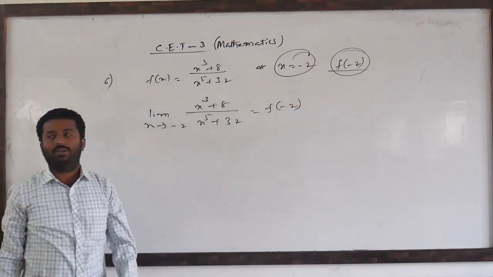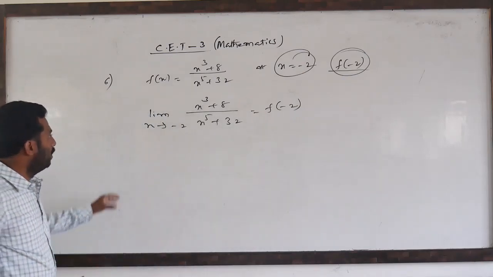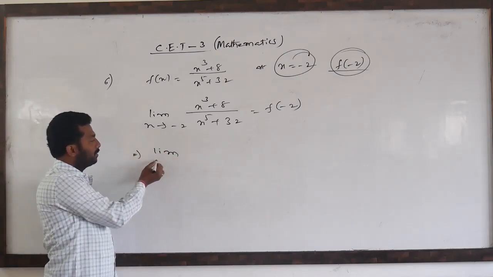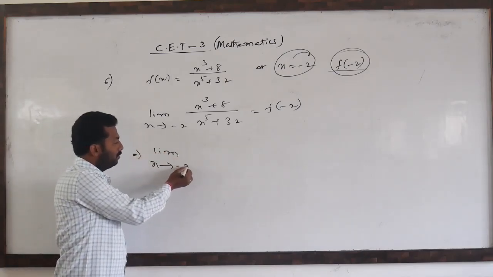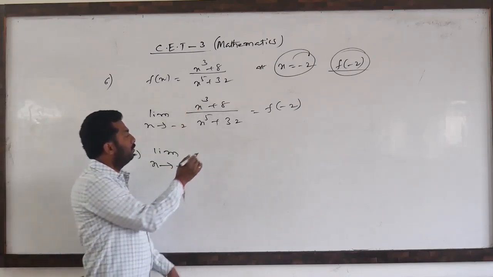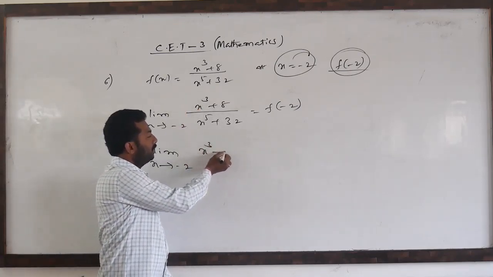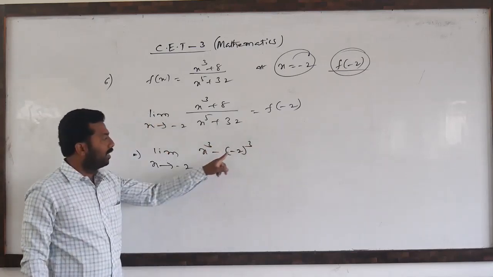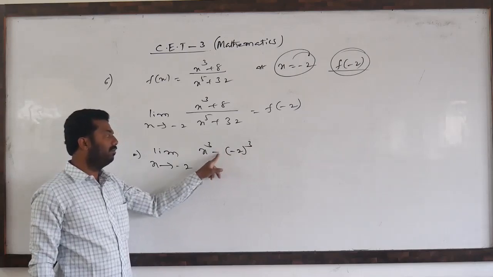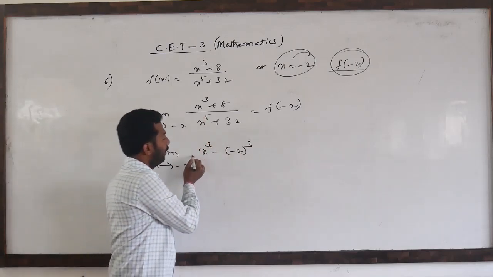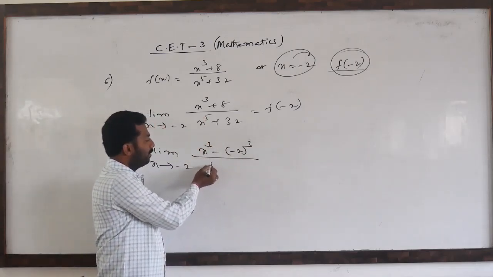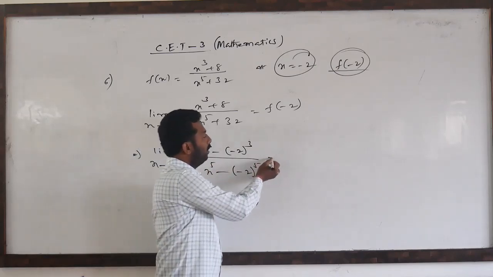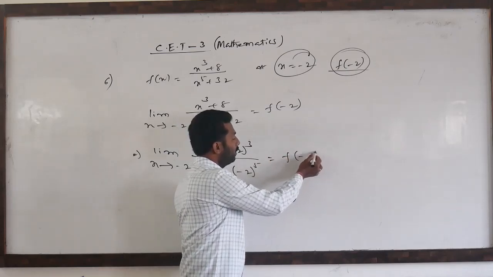From the definition we are writing this. Observe that x cube can be written as minus 2 whole cube, which is minus 8, and minus of minus means plus 8, divided by x to the power 5, minus of minus 2 whole power 5, equal to f of minus 2.